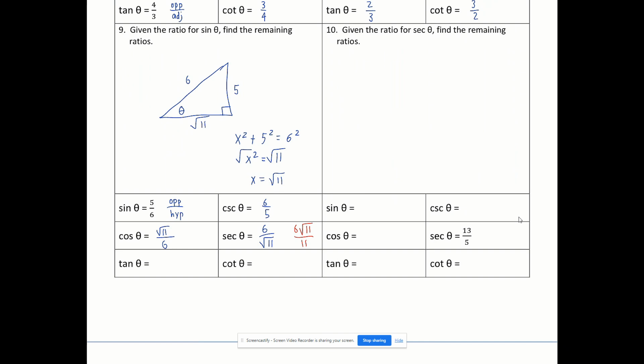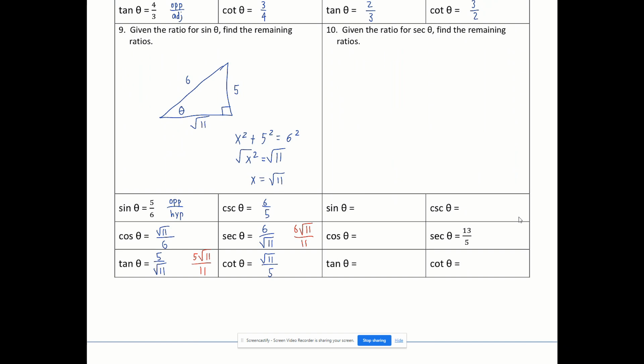Last one, tangent, is opposite leg over adjacent leg, TOA. So that's 5 over the square root of 11. And if you rationalize that, that would be 5 square root of 11 over 11. And of course, for cotangent, I simply flip that original one: square root of 11 over 5.